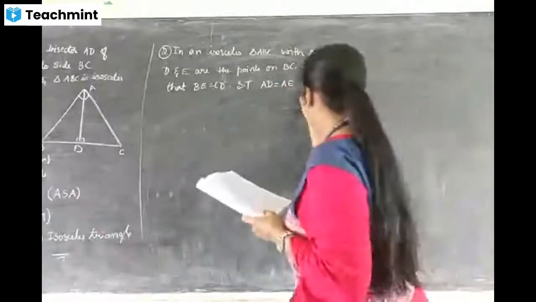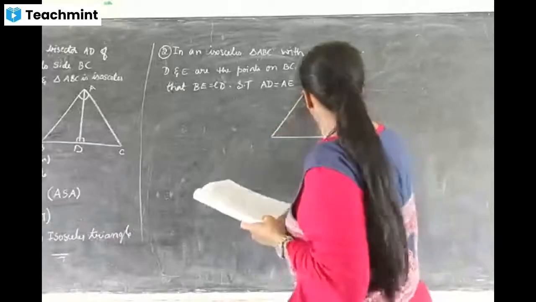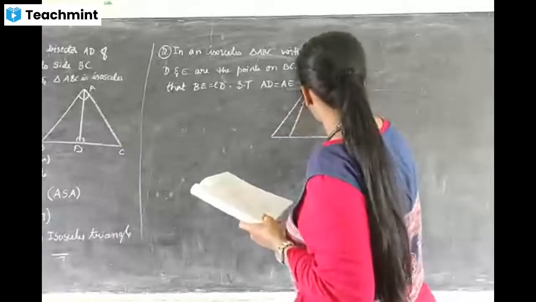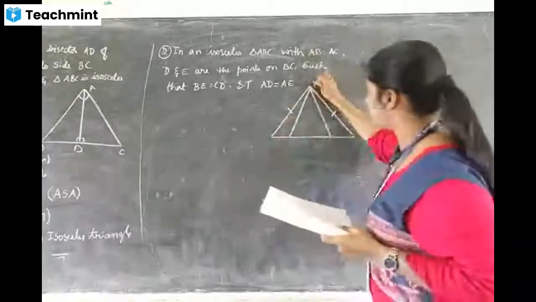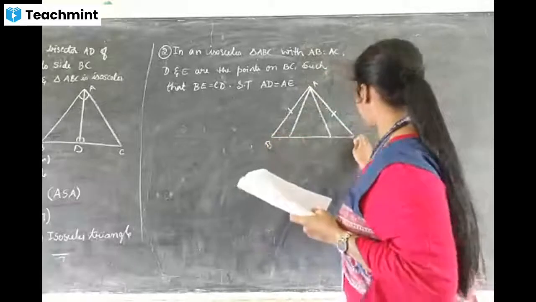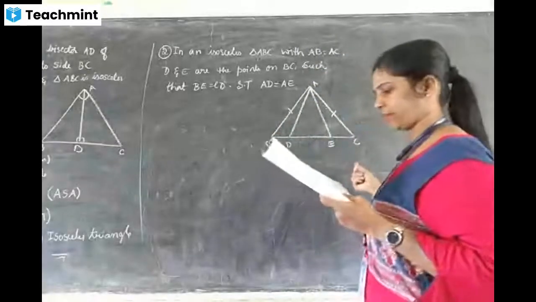Figure is given. They said these two sides are equal. This is A, B, C. This one is D. This one is E.